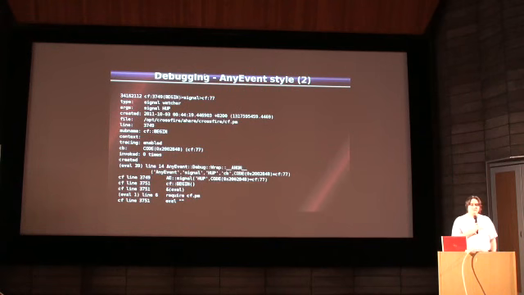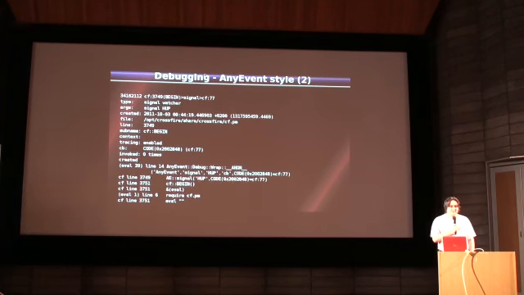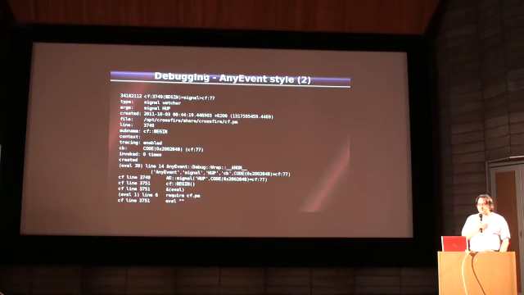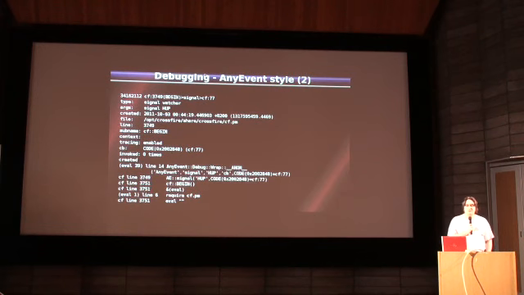For example, the type, the original arguments that were used to create the watcher, the time, the full path name of the file, whether tracing was enabled, the callback it uses, and the good thing is that when you normally print a code reference, you just get CODE and the hex number of the internal address where the CV is stored, and you can actually decode this into something human readable from pure Perl, which I only learned last year, which is the reason why this functionality was only implemented recently.